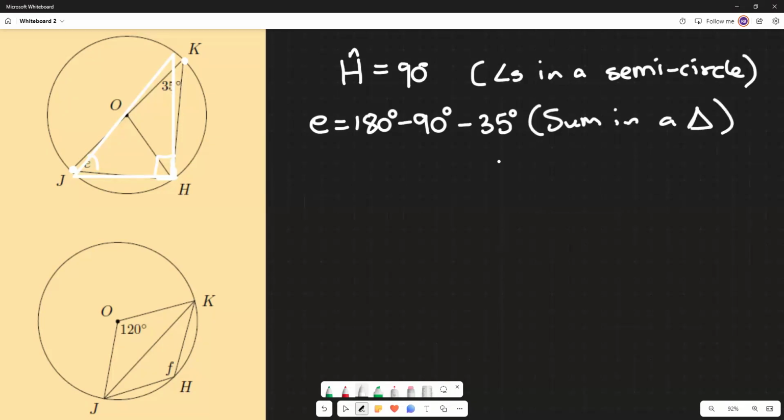You can just say that if you want to, or sum of angles in a triangle is also fine. And then you can see that E is still 55. But this was quicker. So it's very good to know all your theorems, ladies and gentlemen. Actually, it's compulsory. Let me not say very good. It's compulsory to know all your theorems. Let's now go to the next part of this video.